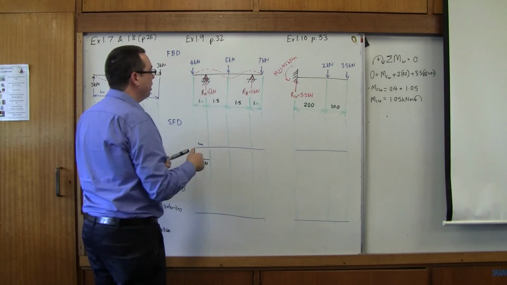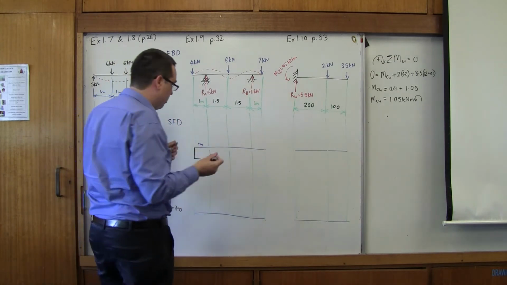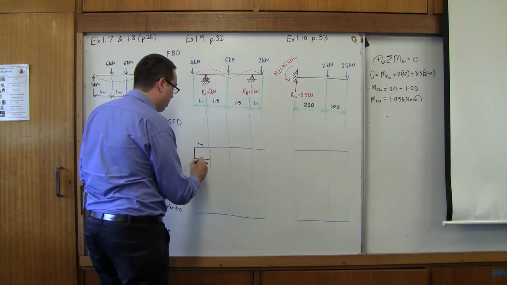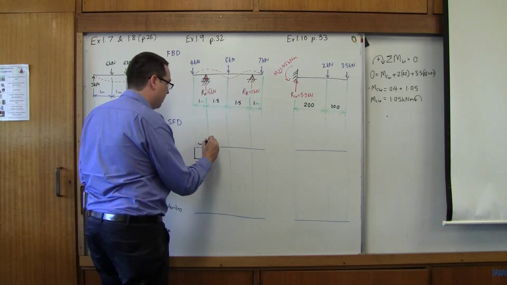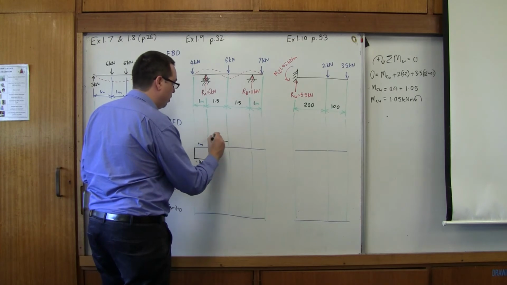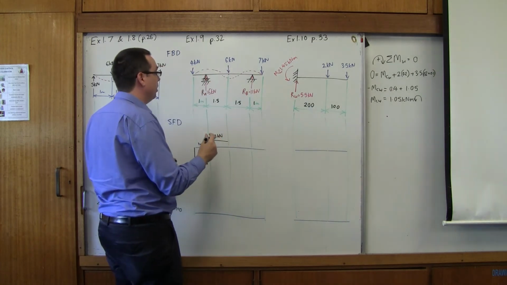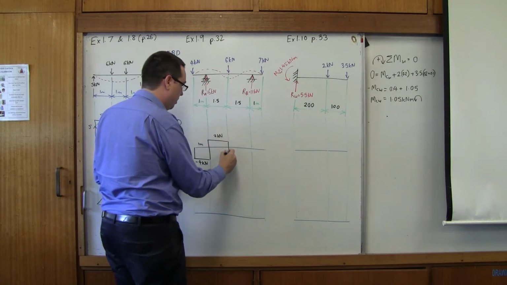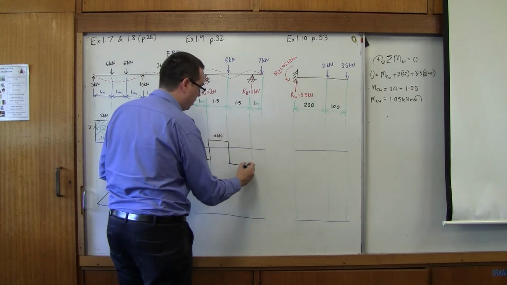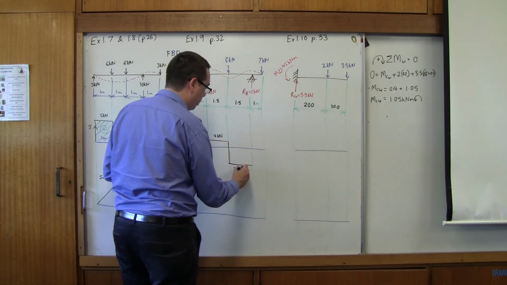Then the beam, things picked up. The day went a little bit better. We went from -4 plus 6 gets us to 2 kilonewtons. Now, the day got even worse. We went back down 6. We're back where we started at -4 kilonewtons. Can't catch a break, this beam.